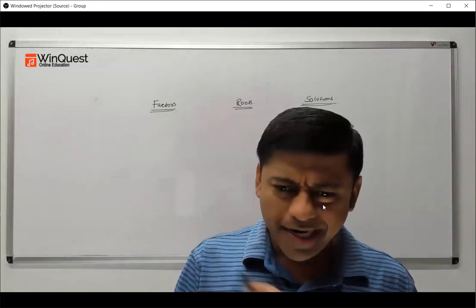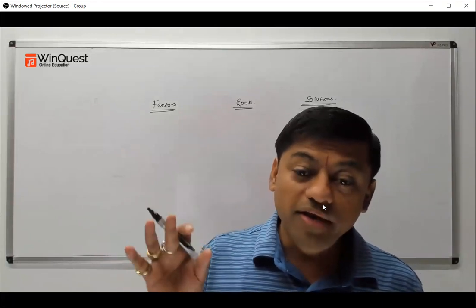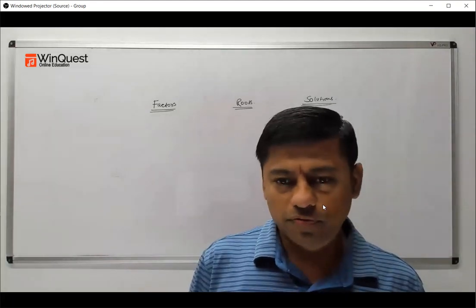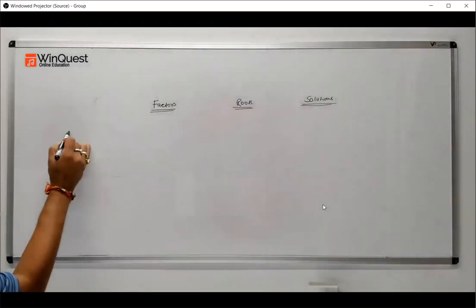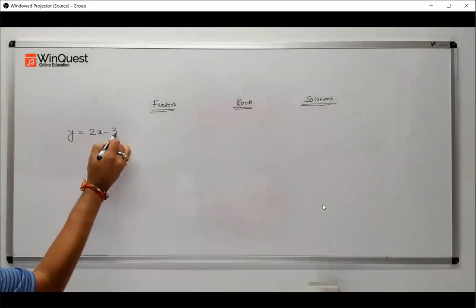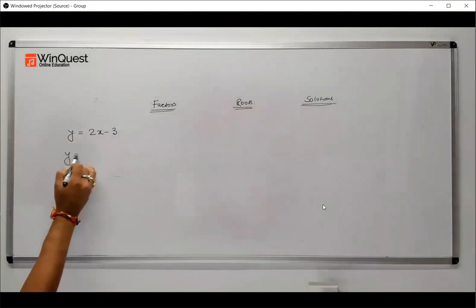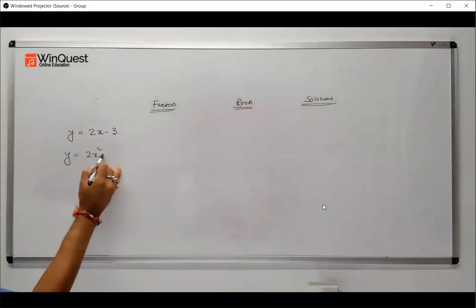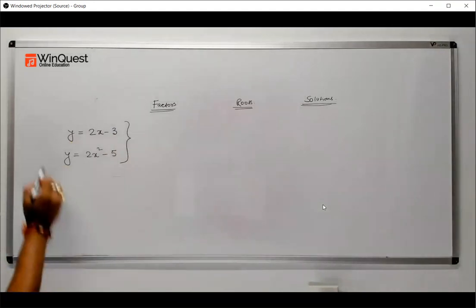Okay. Let's see these three terms when we talk about quadratic equation. First of all, let's try to identify: if you have y equals 2x minus 3 and you have y equals 2x square minus 5, which of them is a quadratic equation?